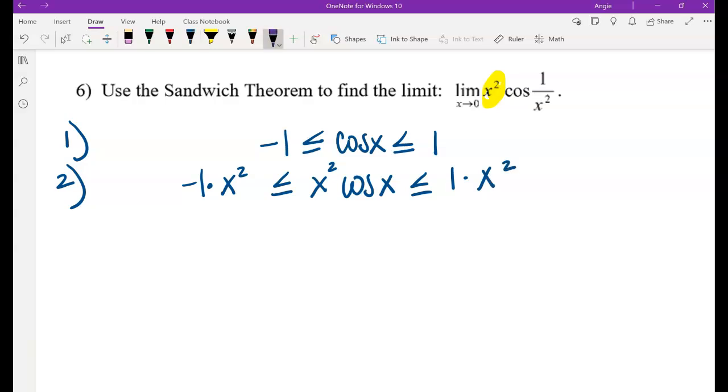Now we also have this piece right here that we have to multiply back or divide back or add back or subtract back. But this piece, students, does not change the range. So when we put it back, we do not need to apply it to the ends of the inequalities because it doesn't change the range.